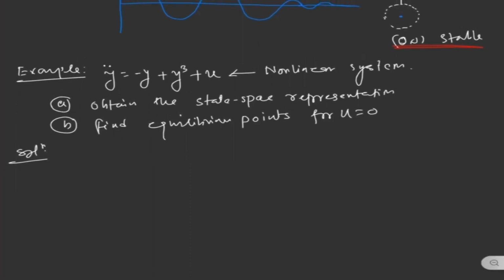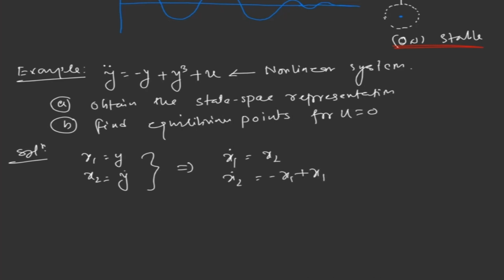First, we'll change the variables. This is a second order system, so we have to come up with two first order systems. Let's define x1 equal to y and x2 equal to y dot. From this, we can write x1 dot equal to x2 and x2 dot equal to minus x1 plus x1 cube plus u.